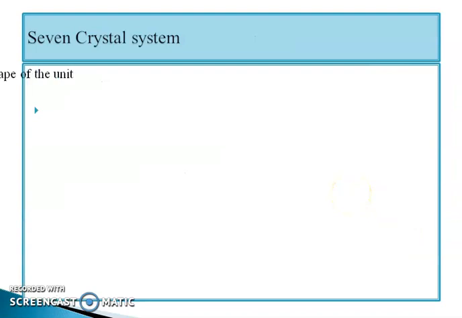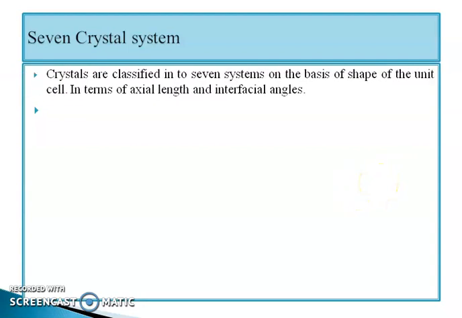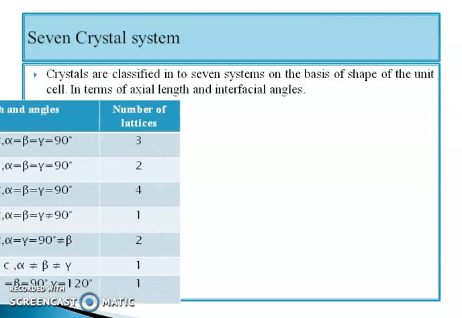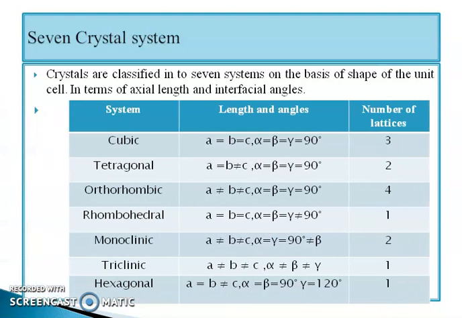Crystal systems. On the basis of shape of the unit cell, in terms of their axial lengths and interfacial angles, crystals are classified into 7 systems. These 7 systems are cubic, tetragonal, orthorhombic, rhombohedral, monoclinic, triclinic, and hexagonal.